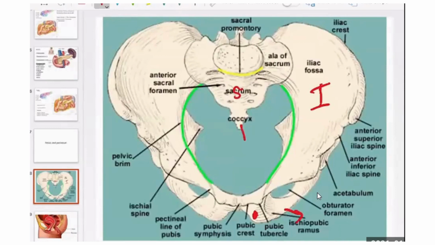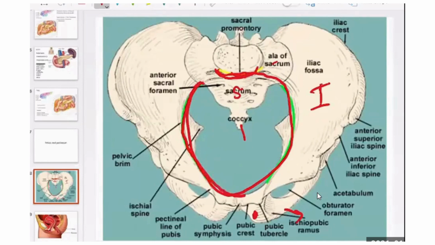And this is the inlet. This green color and the yellow color line is the pelvic inlet. Pelvic inlet is formed by the anterior margin of the sacrum, which is otherwise called ala of sacrum, and the upper border of ischiopubic rami. That we call the pelvic inlet.